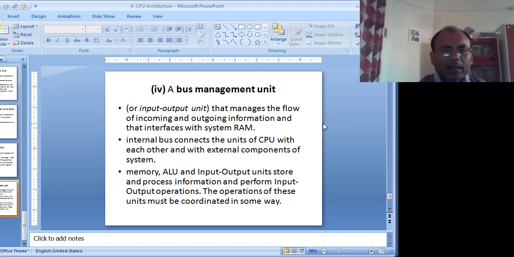So this bus management unit has the interface circuit to communicate the CPU with the external components of the system. So in fact, memory, ALU, and this IO unit, they manage and coordinate each other for the computer operation.